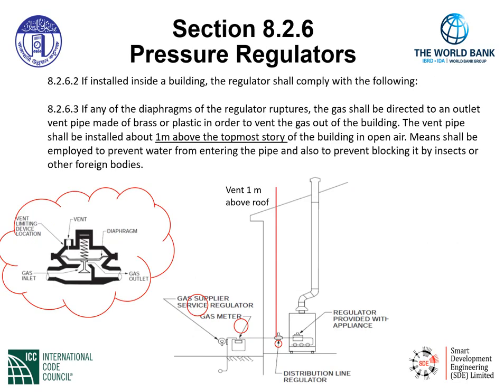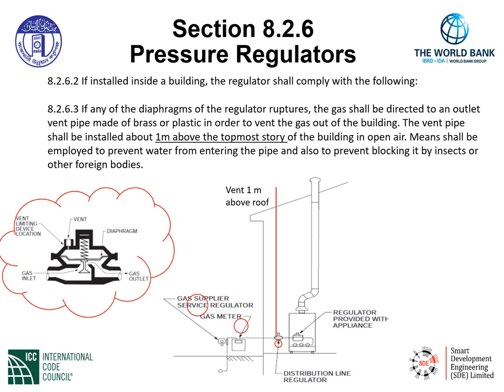If installed in a building, the regulator shall comply with the following. So if we install it in a building, we need to comply with this particular code section. 8.2.6.3: if any of the diaphragms of the regulator ruptures, the gas shall be directed to an outlet vent pipe made of brass or plastic in order to vent the gas out of the building.